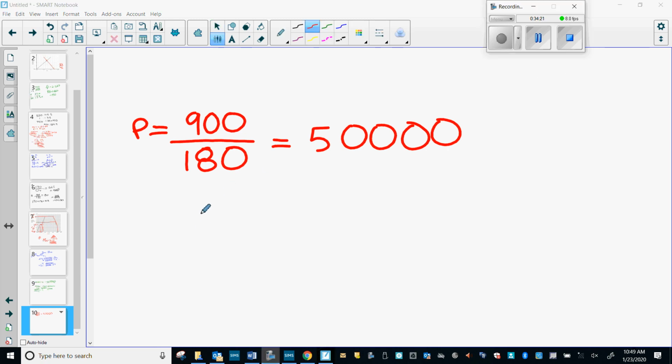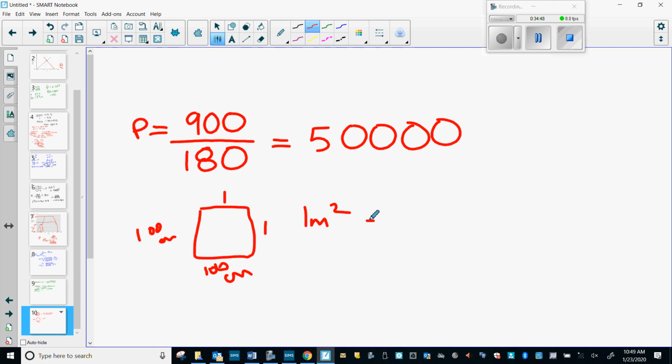For those people that came to see me, this is how I explained it. There's a square, 1 meter by 1 meter. What's the area of that square? 1 meter squared. What's this measurement in centimeters? So what's the same area in centimeters squared?